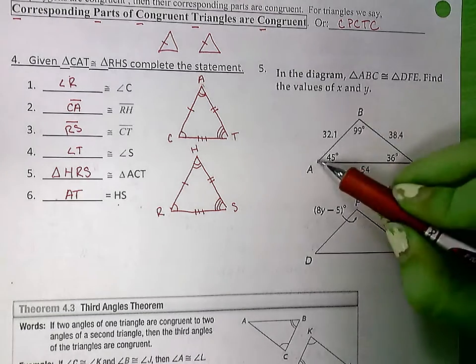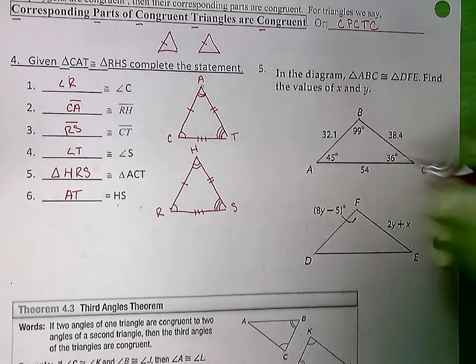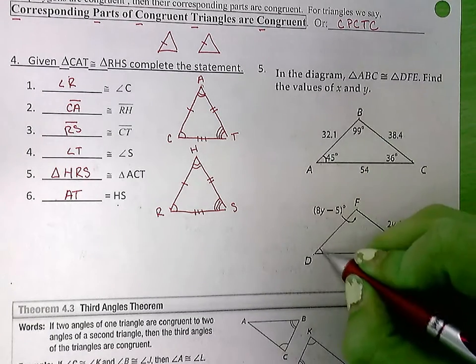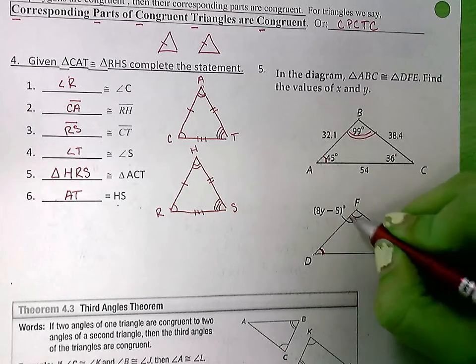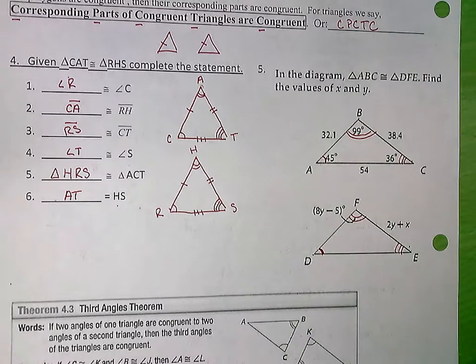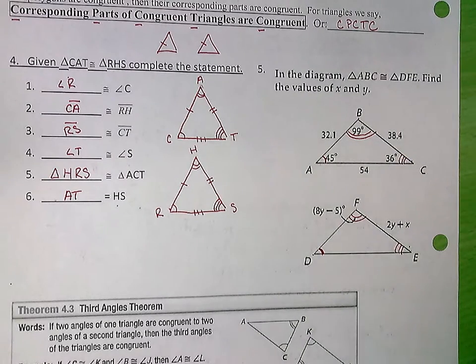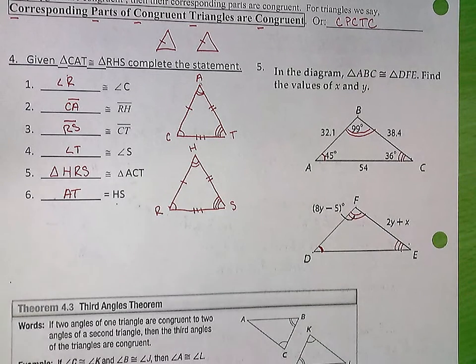If I go from A to B to C and D to F to E, I know A is congruent to D, B is congruent to F, and C is congruent to E. They won't always be laid out this nicely. Sometimes it'll turn, so you do need to pay attention to that congruent statement and label your sides accordingly.